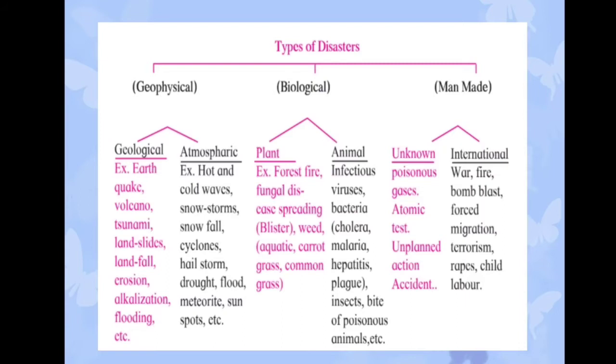Biological: in that we have plant, for example, forest fire, fungal disease spreading, blister, weeds like aquatic carrot grass, common grass.